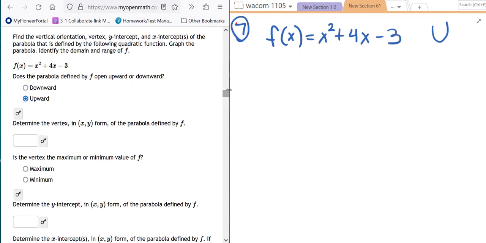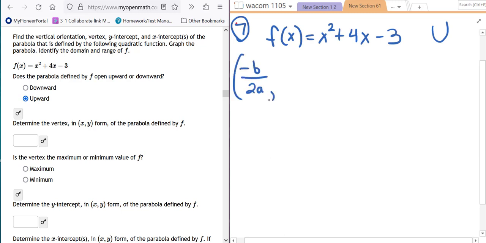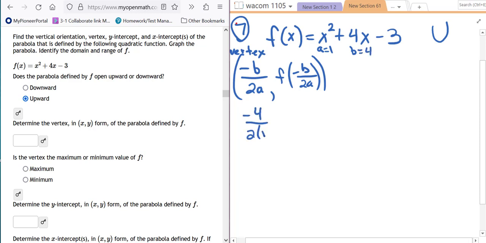So the vertex is going to be the formula negative b over 2a, and then plug that in. My a is 1, my b is 4. So I have negative 4 over 2 times 1, which is negative 2.